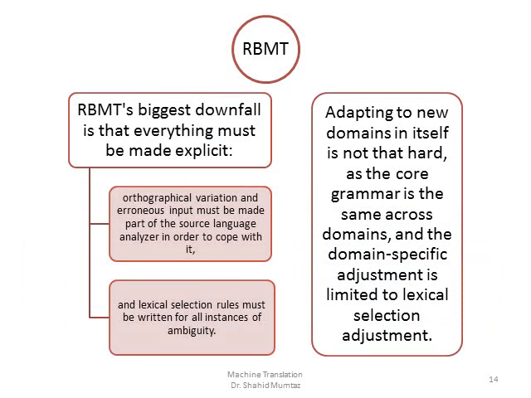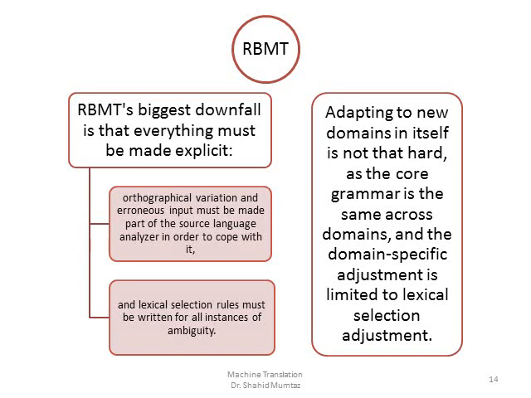RBMT's biggest downfall is that everything must be made explicit. For example, spelling variations and possible errors in the input must be made part of the source language analyzer in order to cope with them.